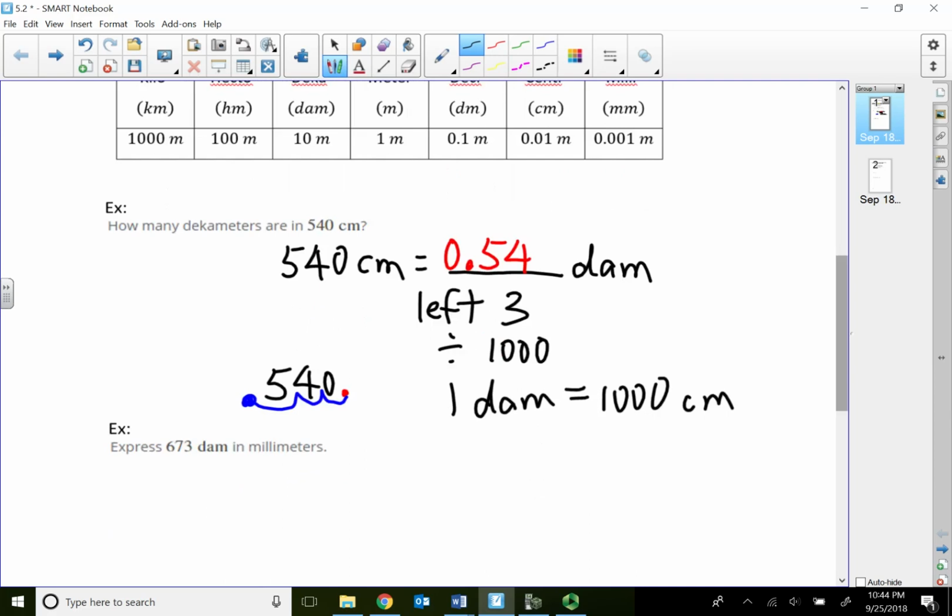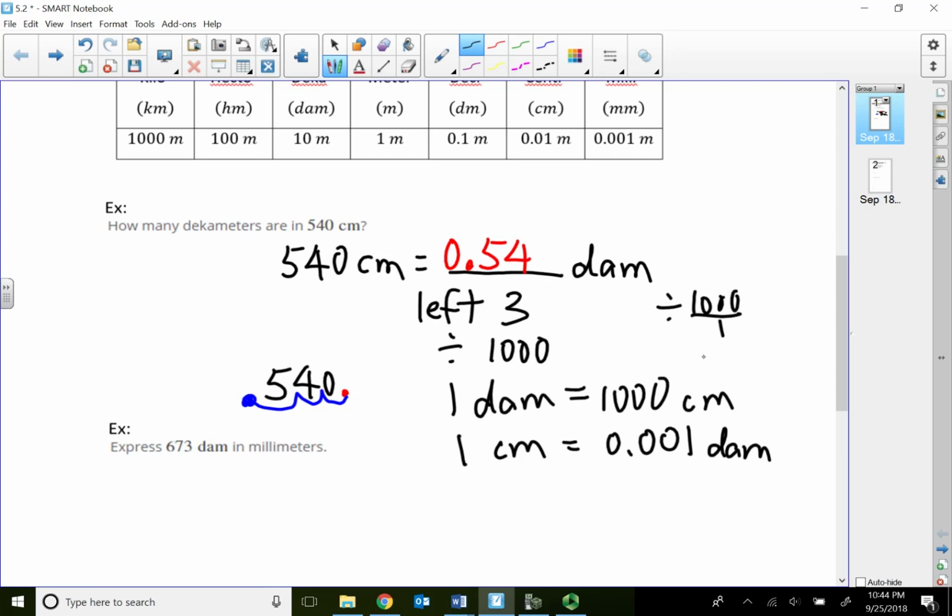Another way of saying it is 1 centimeter is 0.001 decameter.